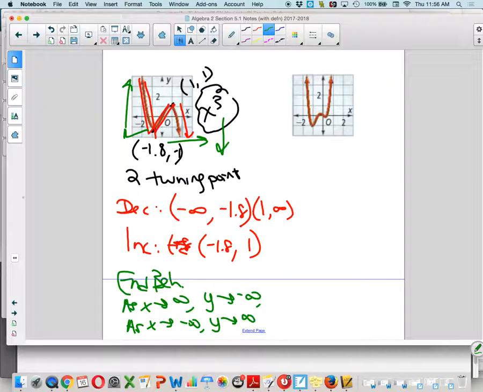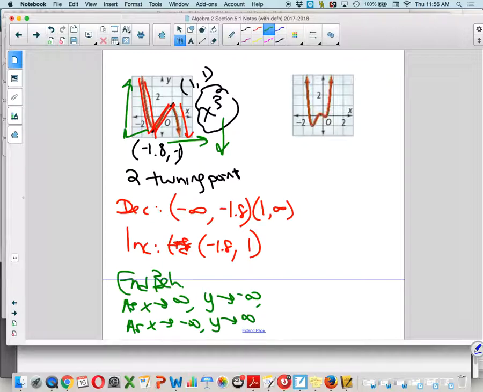Now again, have on your radar, because we're not going to address all of this today, notice the difference. This is similar to the previous cubic. It does have turning points when the others did not, but more importantly, this end behavior is close to, not exactly the same, but similar to the cubic. Different than the quadratic. Have that on your radar. We'll talk more about that on Monday.